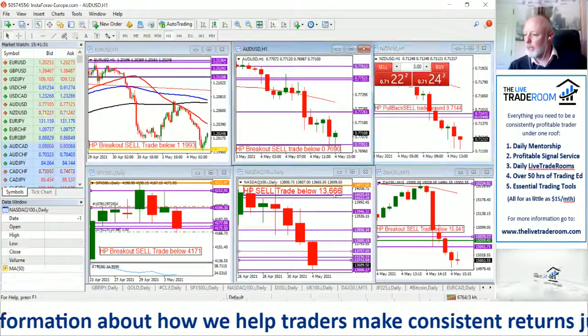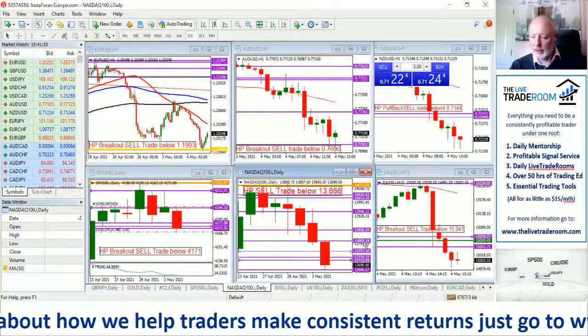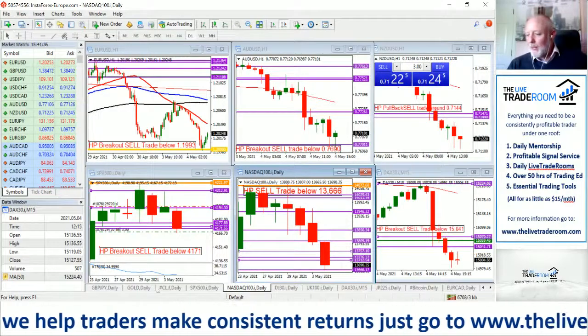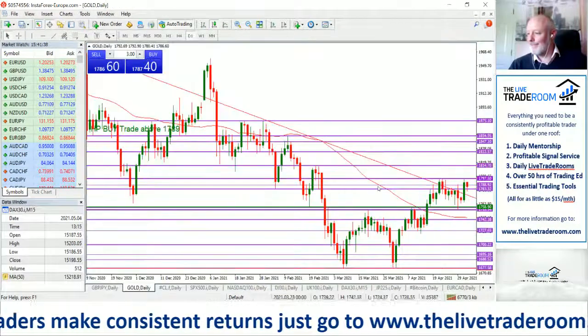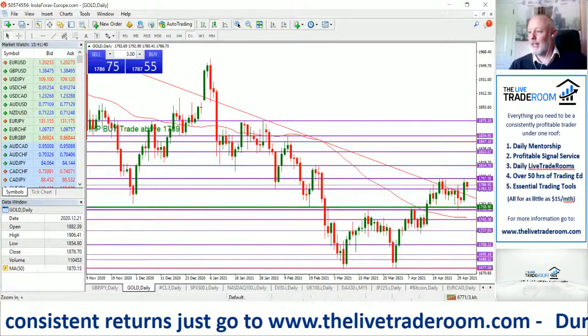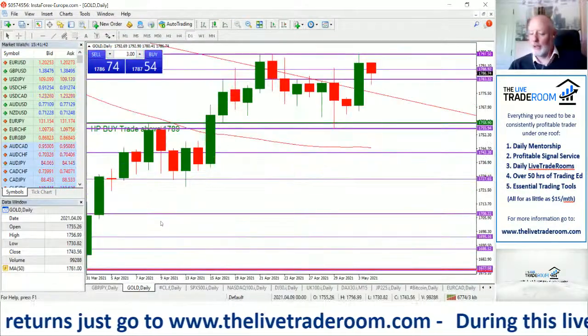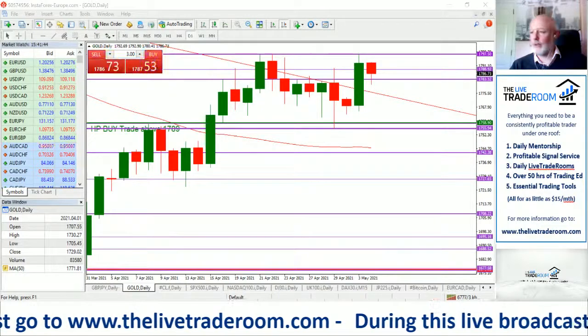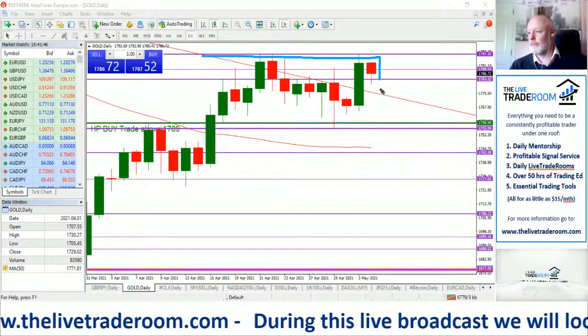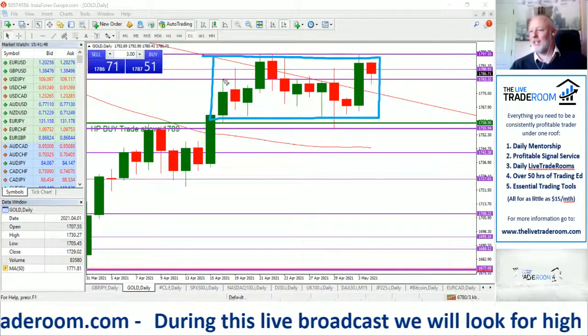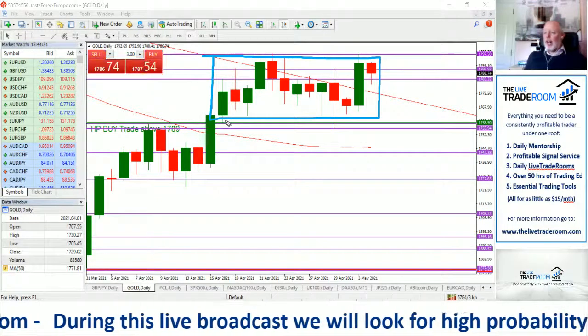So let's have a look at gold. The gold market, we've been in this little sideways zone, as you can see now. So that's been the price action, and there's just a lack of clarity on it, isn't there?